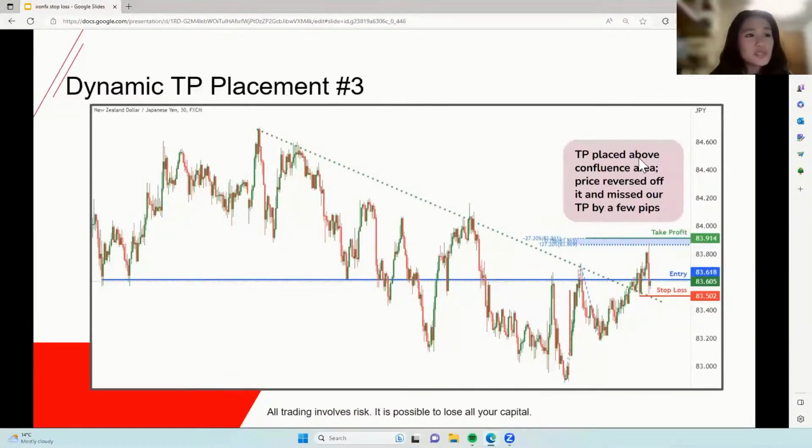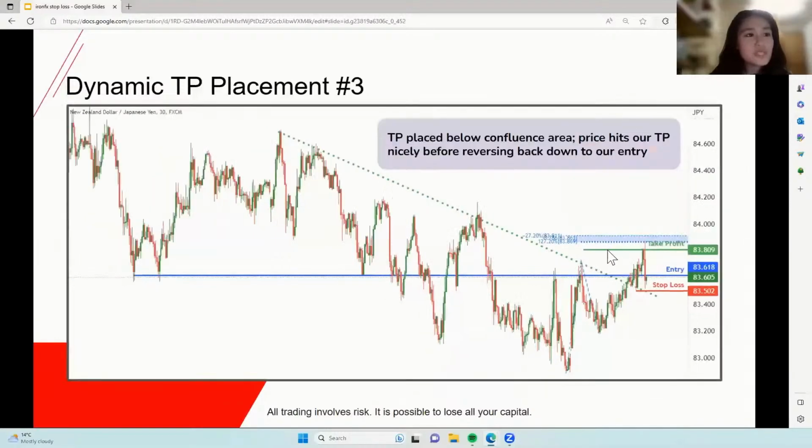Okay, in this case, you see we placed it beyond it. And you can see price reversed off of it and we missed our take profit by a few pips. So if we had placed it below instead, it would have nicely hit our take profit before reversing back down to our entry.